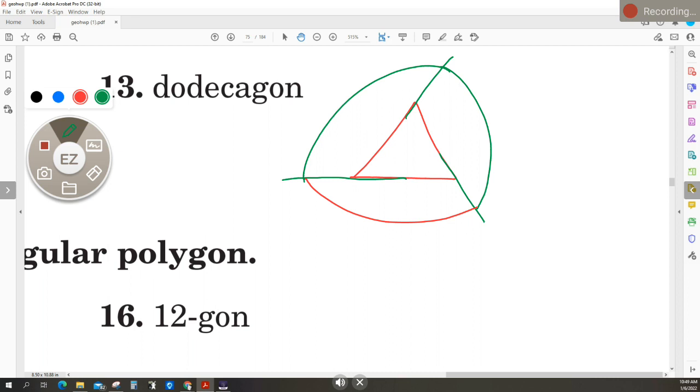So what do these three exterior angles add up to? 360. They add up to 360 degrees, because this plus this plus this makes a circle. That's 360 degrees. Y'all see what I'm saying? Okay.